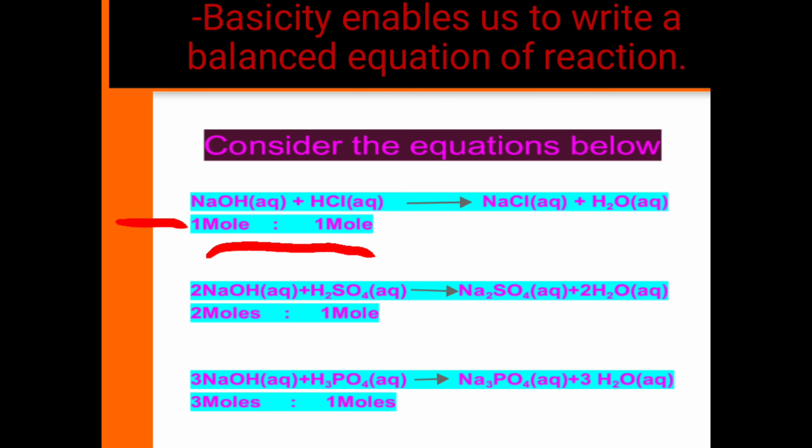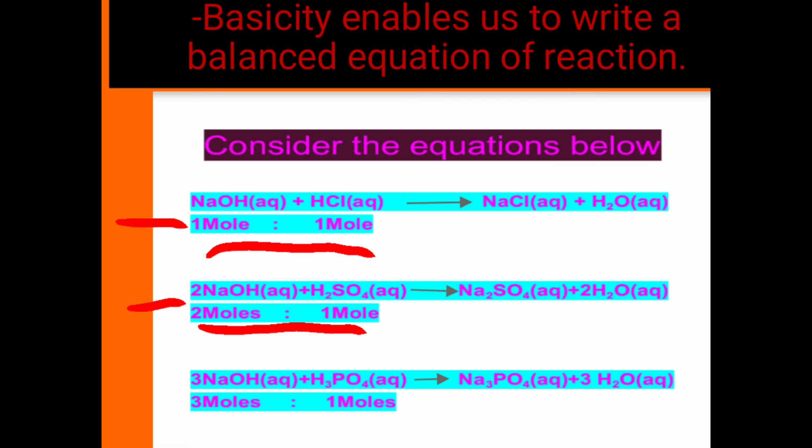Let's move on. We look at the second equation here with sulfuric acid. You are going to see here that the molar ratio is 2 to 1. As you may see, the molar ratio is 2 to 1.